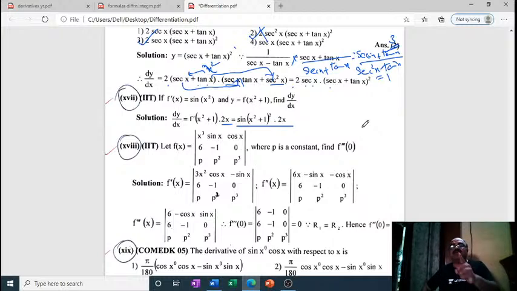See, sine of x square plus 1, if they had given, it would be cos x square plus 1, and differentiation of x square and 1. X square will be 2x, 1 will be 0. So 2x is the value that needs to be taken along. That's how it is. And later, f dash of x, which is given as sine x square, is to be substituted into it.